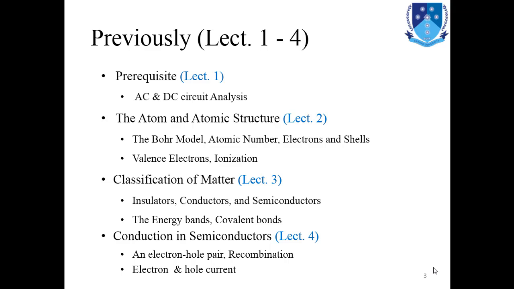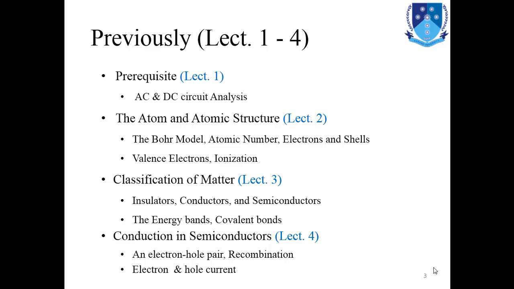Insulators are those materials which cannot conduct electric current, while conductors are those materials which can conduct under normal conditions, even at room temperature. While semiconductors are those materials which sit in between insulators and conductors in terms of their conductivity.